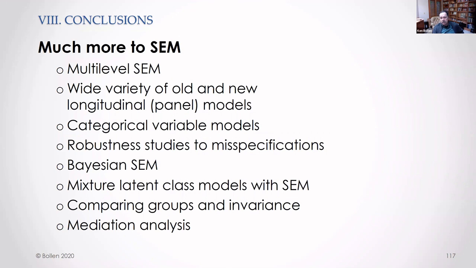In the situation where you know the group membership, there's just great tests of seeing whether the same relationships, whether they're measurement relationships or latent variable relationships, hold across these different groups. And there's all sorts of mediation analysis that can simplify fairly complex tasks.